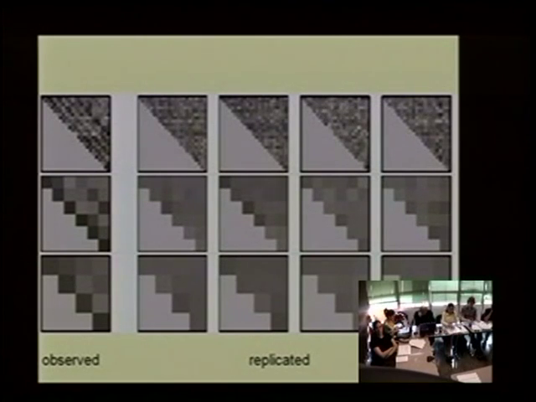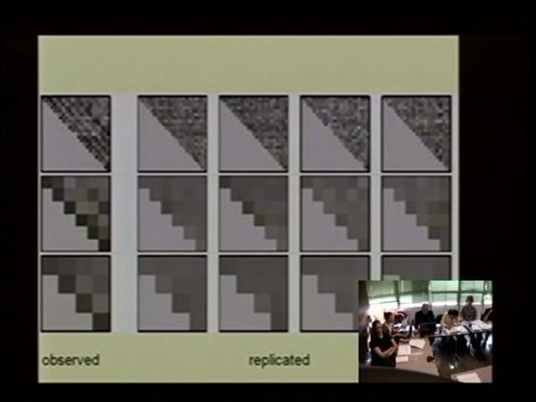And in the left column, there is always the observed, so the grayscale matrix based on the observed data, and in the right column, the grayscale matrix is based on replicated data. And in this case, I simulated 4 new data sets, 4 replicated data sets, and constructed these grayscale matrices.